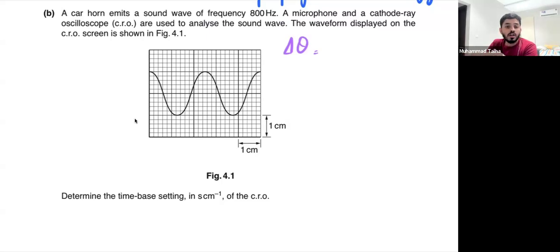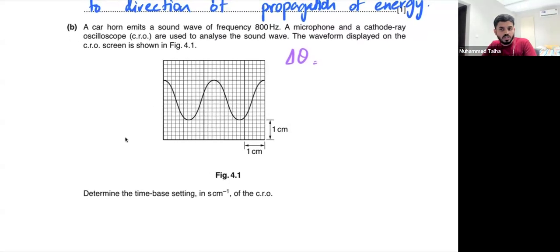For example, if you have to find them from graphs, let's say the displacement time graph. Actually, all right, first let's do this, then I'll take you to a question which talks about phase difference.